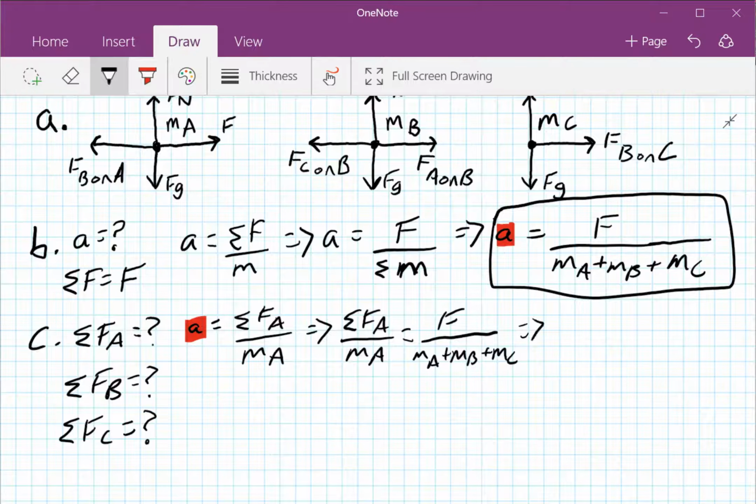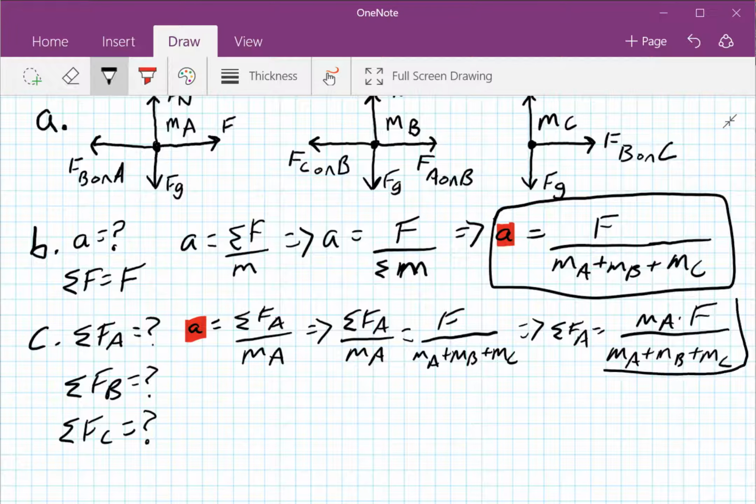If I finally isolate for the sum of the forces of A, you'd have F times, or actually it doesn't really matter, but I'm going to do MA times F, and then you have MA plus MB plus MC. That's one part of part C. Oops, I cut off the F.